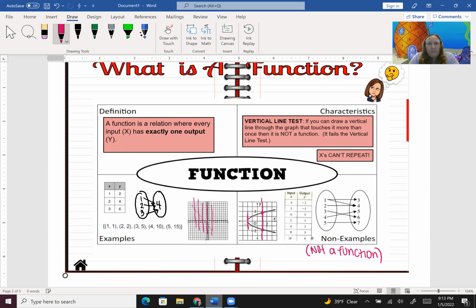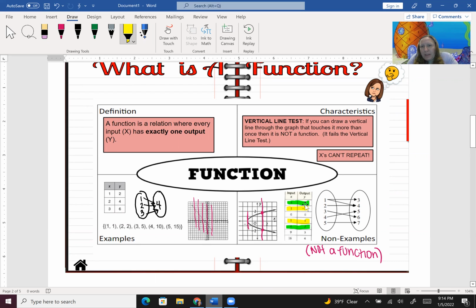For the next one, we have a table of values, and I can see a couple things happening here. I see 4 is paired with -2, and 4 is also paired with +2. I also have 1 with -1 and 1 with +1. So there are two cases where an input has two different values.